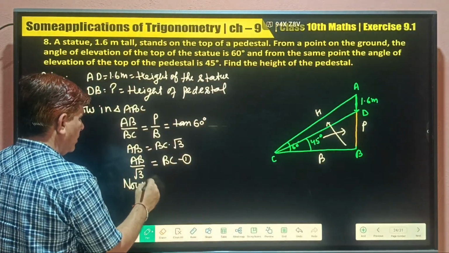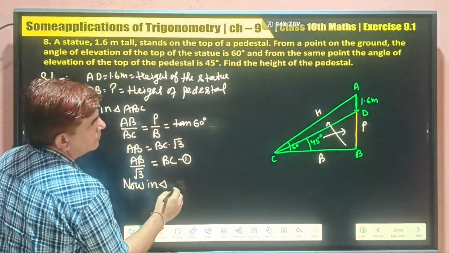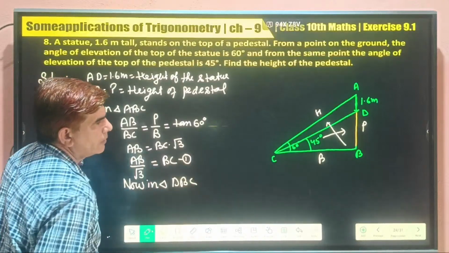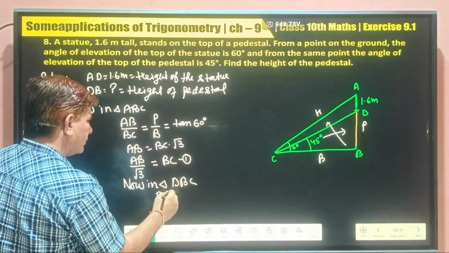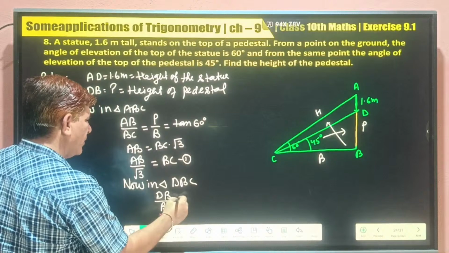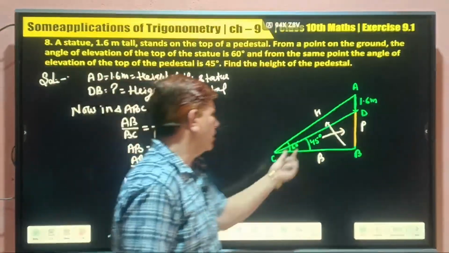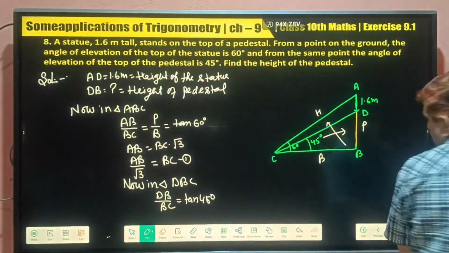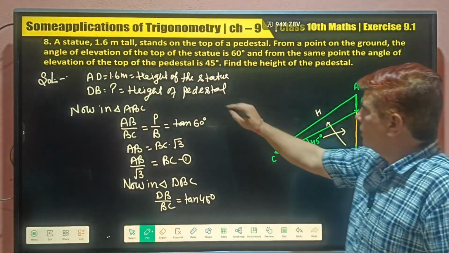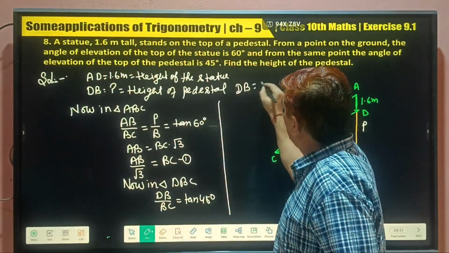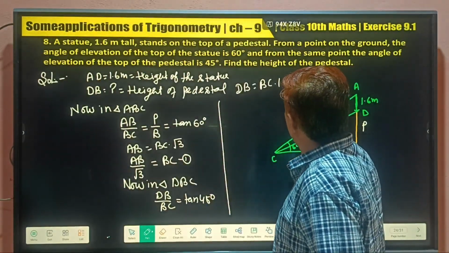Now, in triangle DBC, DB by BC is equal to tangent 45 degree, the angle formed is this. And tangent 45 is equal to 1. So DB is equal to BC into 1.